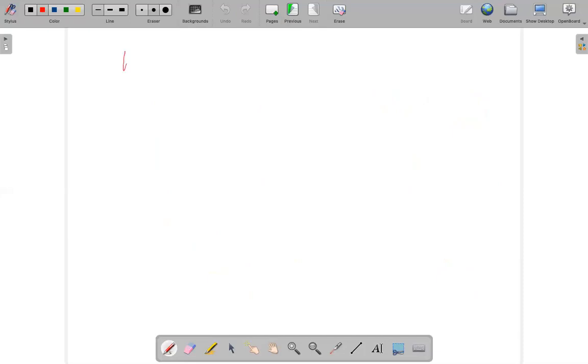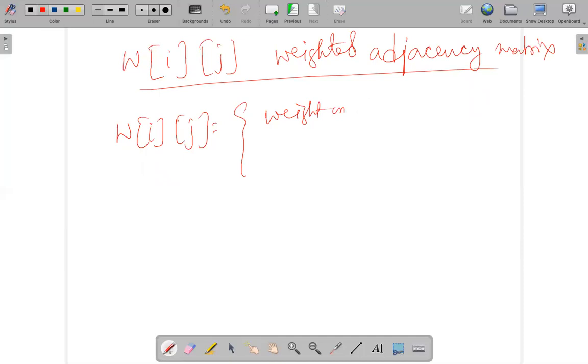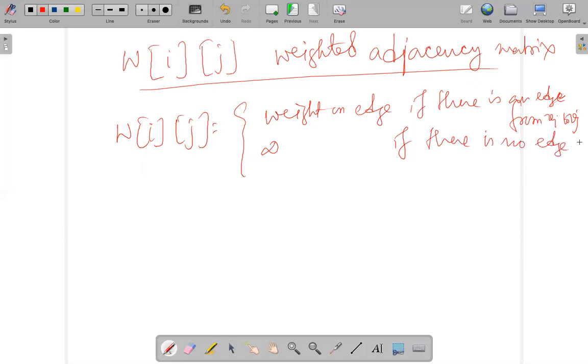So as we had done earlier, let us call Wij the weighted adjacency matrix. As simple as that.